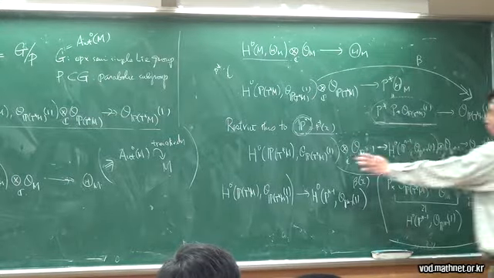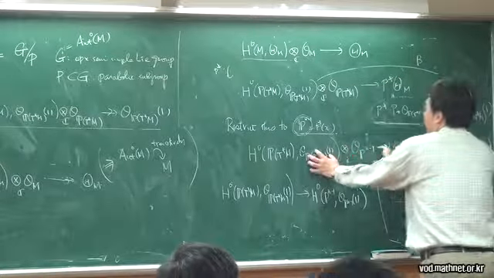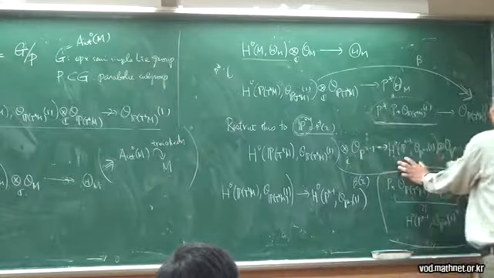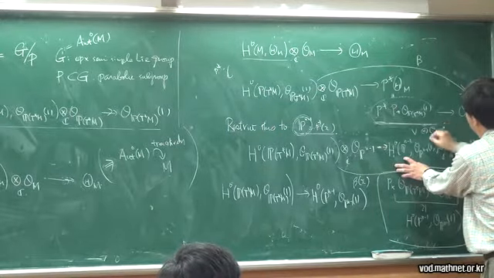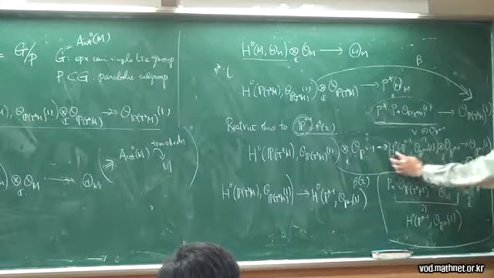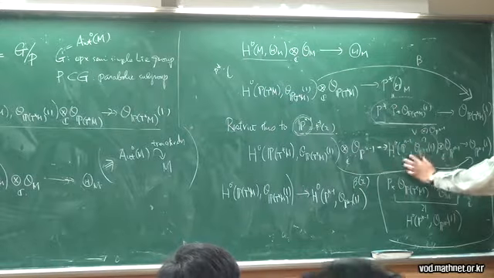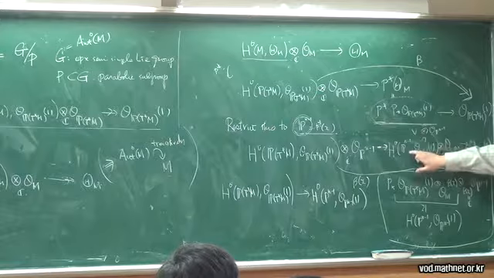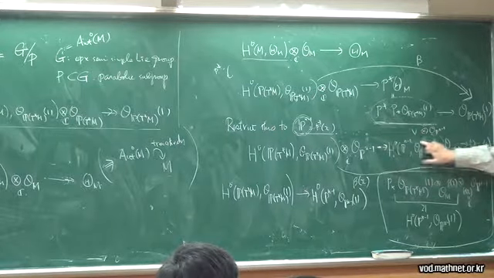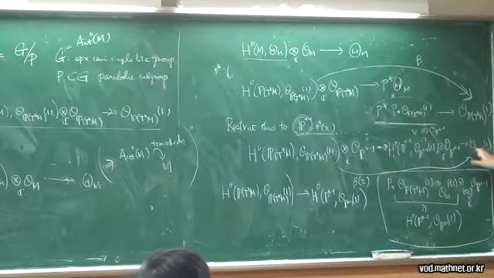Yes, because if this is not surjective, then the image of this map is some V, a proper subspace of this vector space. But if V is a proper subspace of this vector space, this cannot generate this invertible sheaf.